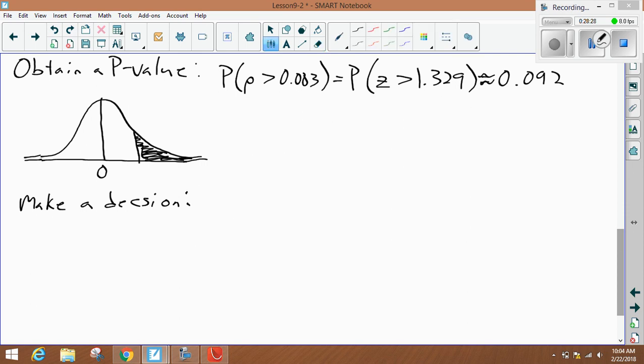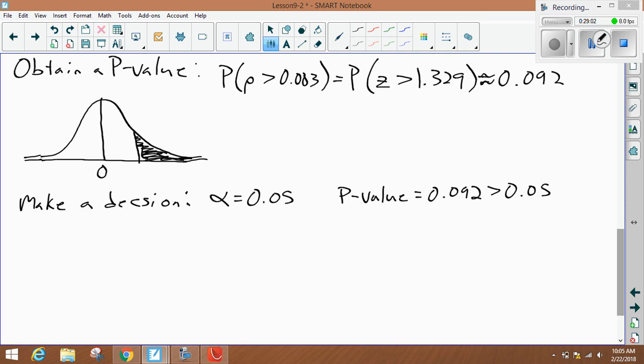We have our alpha level is 0.05. We have a p-value that is greater than our alpha level. So our p-value equals 0.092, which is greater than 0.05.